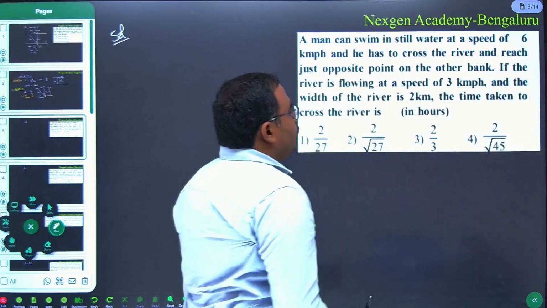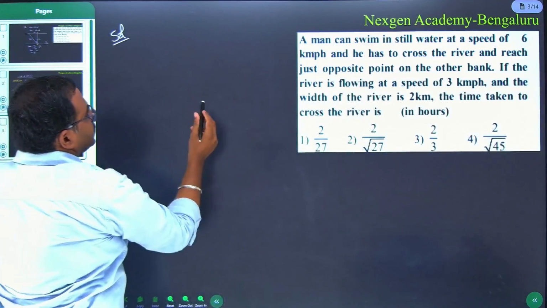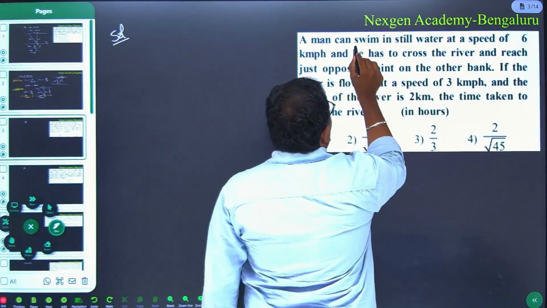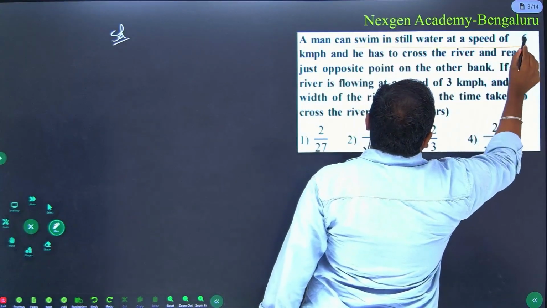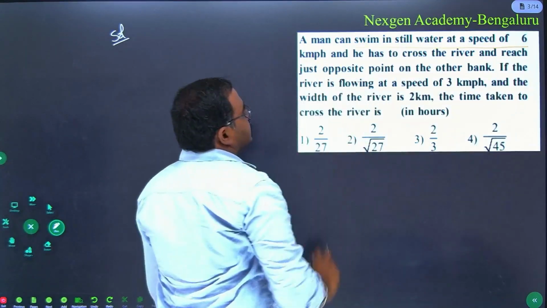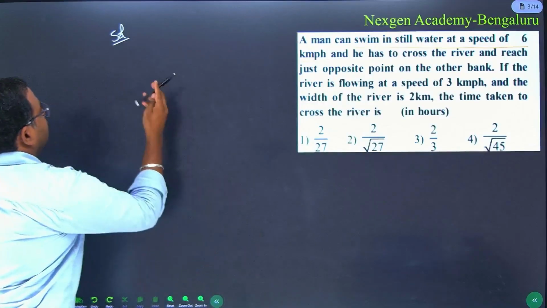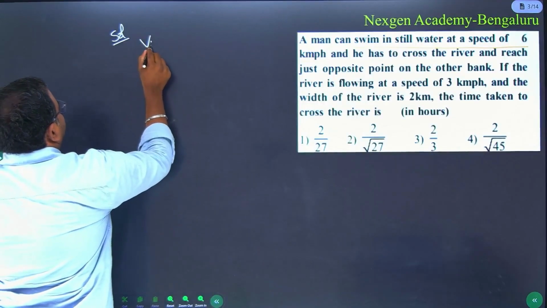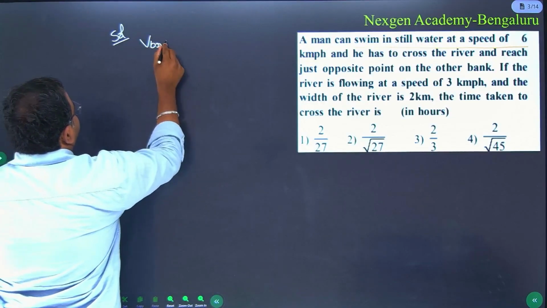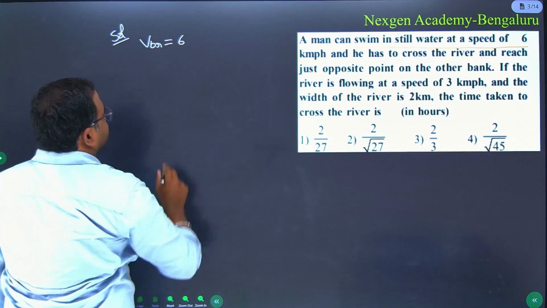Here we have certain values. Man can swim in still water at 6 kilometers per hour, which means velocity of the boat with respect to river, means man with respect to river, is equal to 6 kilometers per hour.